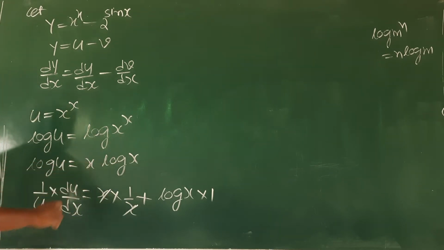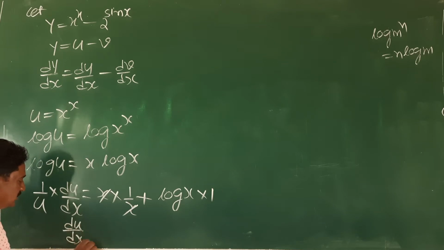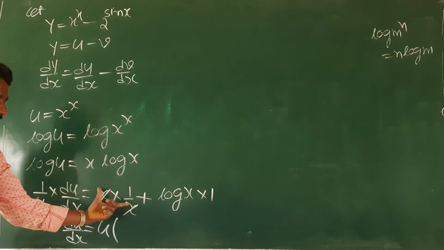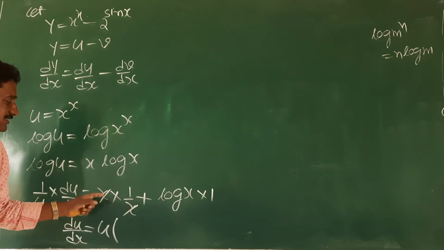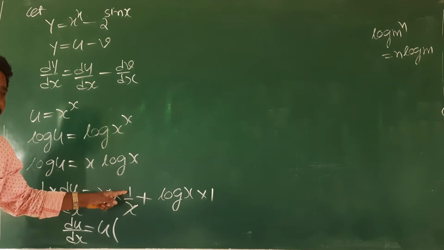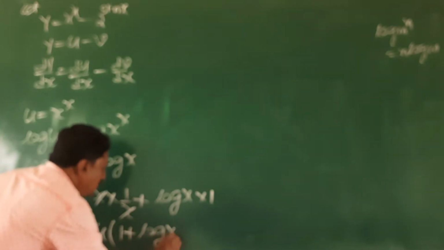Send that u to the right side, so du by dx is u into, look at this students, x and x are getting cancelled. Still 1 remains. Keep that 1 as it is, carry that 1 plus log x. So 1 plus log x.